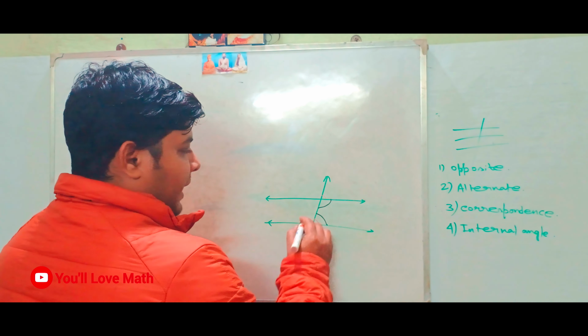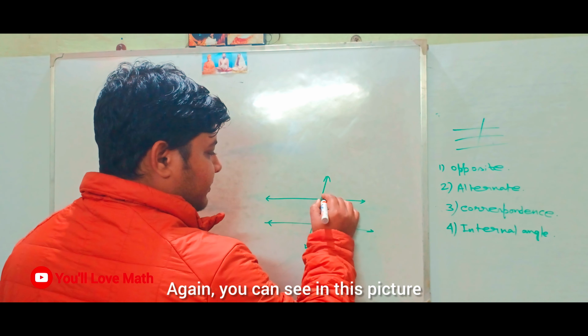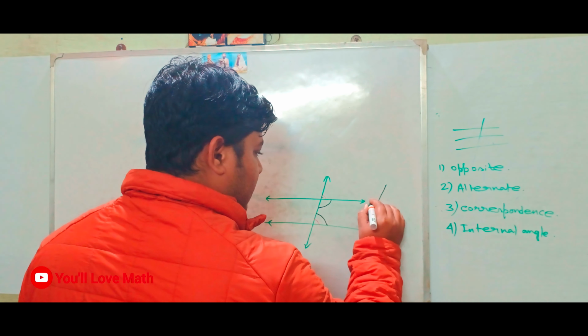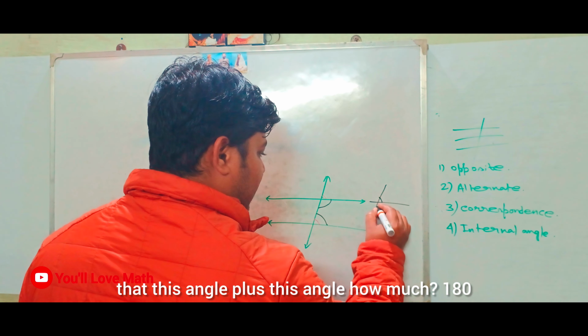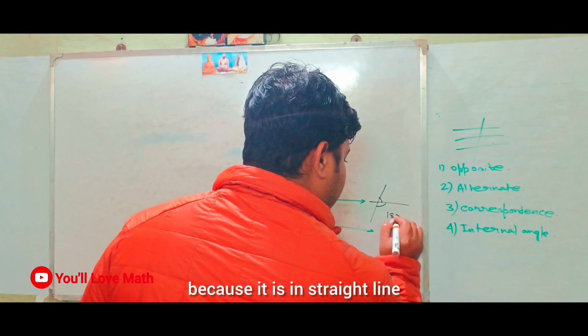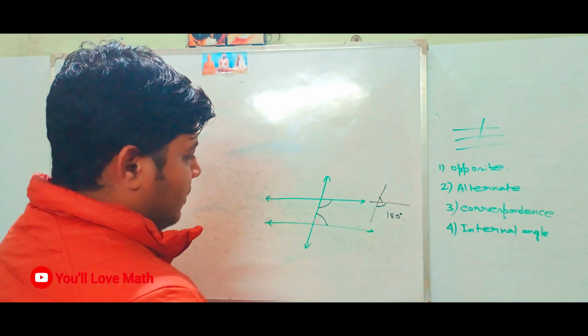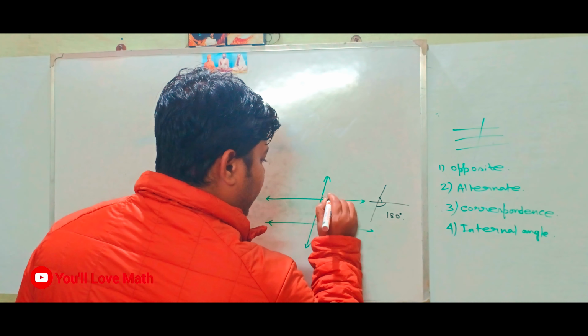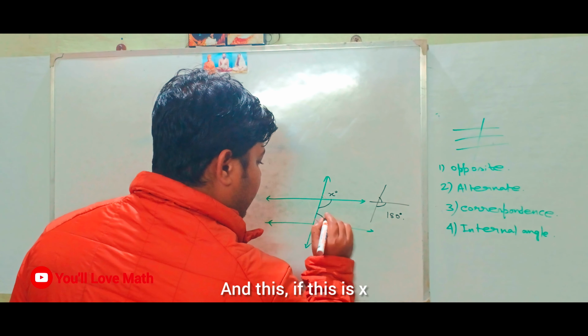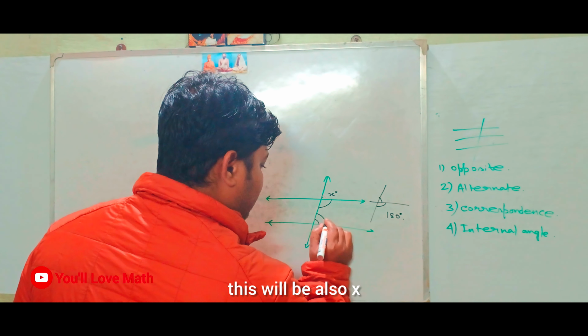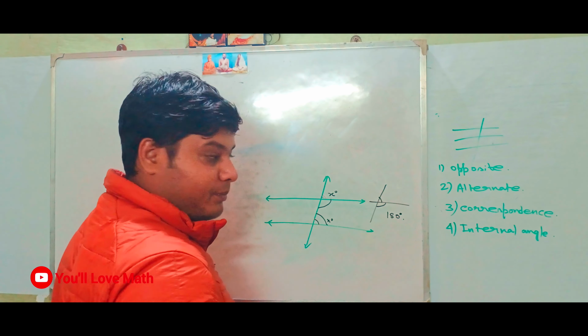In this picture, this angle plus this angle is 180, because it is on a straight line. Let us put it x degrees, and if this is x, this will also be x, because they are correspondence angles.